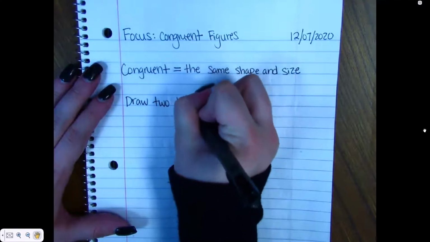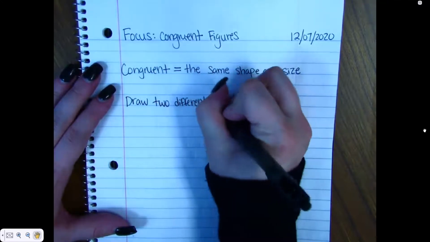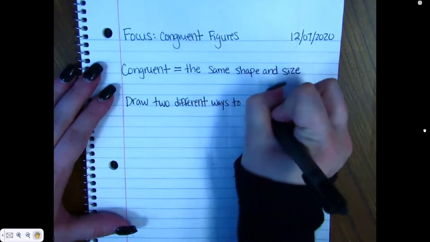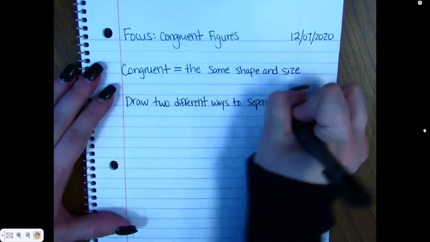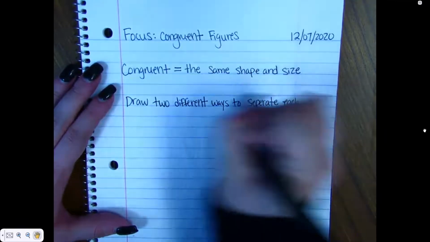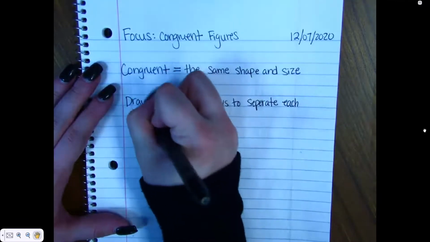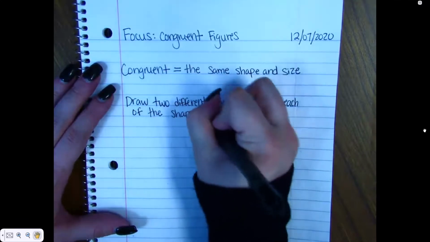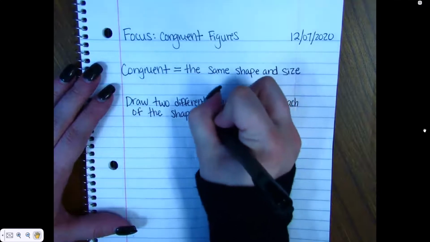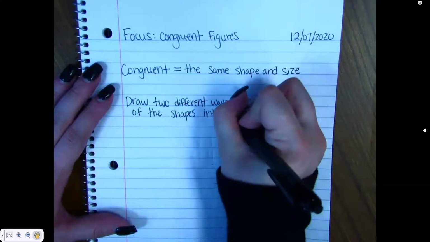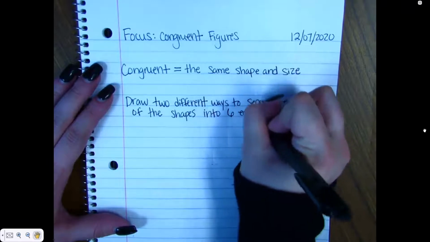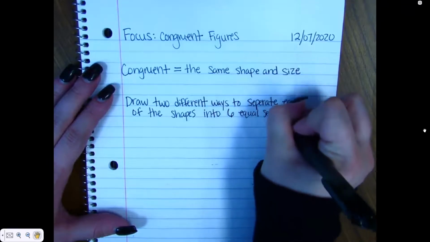Draw 2 different ways to separate each of the shapes into, let's do 6 equal sections.